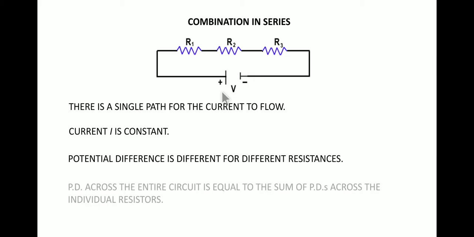So we can say that the potential difference across the entire circuit is equal to the sum of the potential differences across the individual resistors.